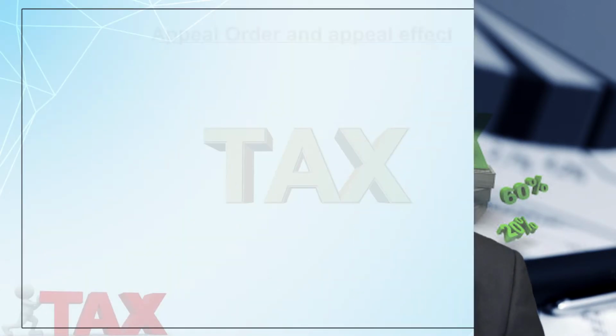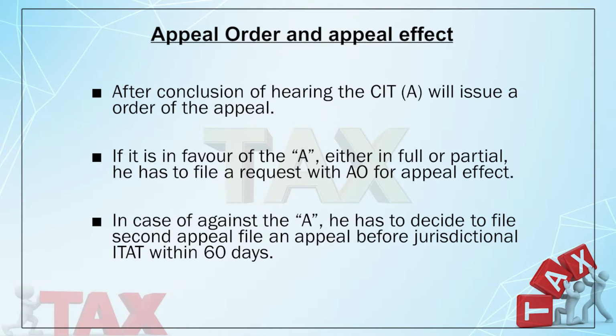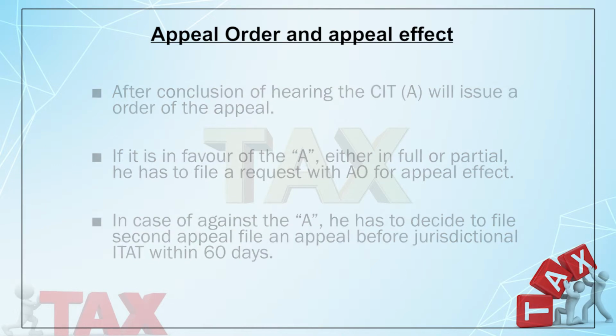That's called the appellate order. Once the appellate order is passed, if the assessee is happy, if he finds that all his claims have been allowed, and what the disallowance was made by the assessing officer has been turned down, annulled by the commissioner, he may close, he may not go further.